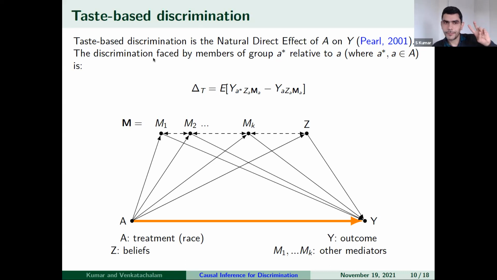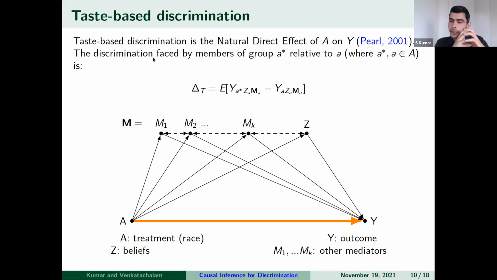That's point one. Point two is when you do a Blinder-Oaxaca kind of setup, you're holding the distribution of mediators fixed for the full sample. What you want to do instead is hold the mediators fixed at, let's say, the reference distribution for whites, and then switch the treatment from white to black, or hold the mediator fixed at the distribution for black and switch the treatment from black to white.